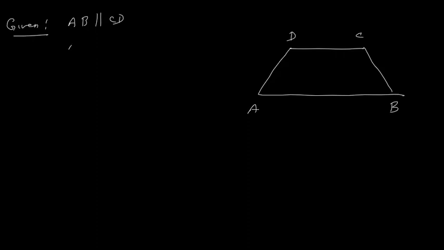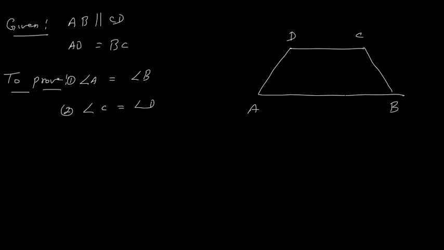Also it is given that AD is equal to BC. We have to prove, first, that angle A and angle B are equal. Angle A equals angle B. Second, we have to prove angle C equals angle D.